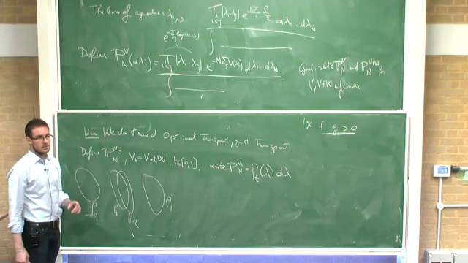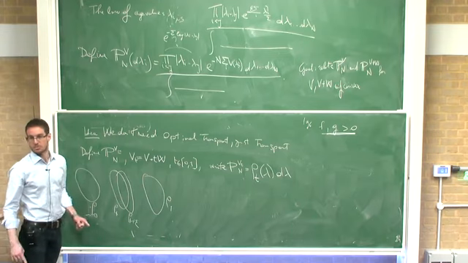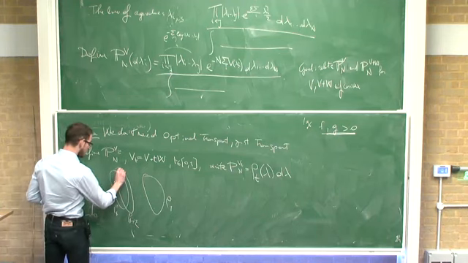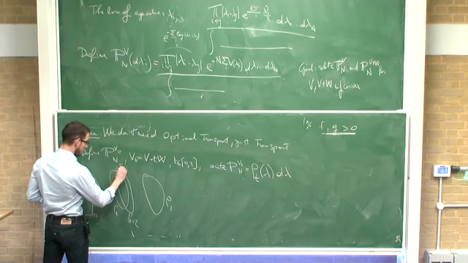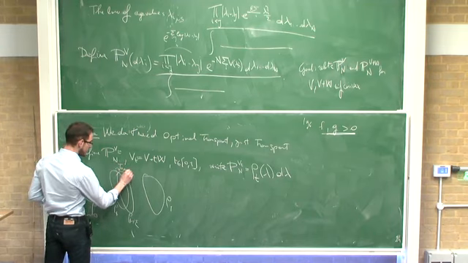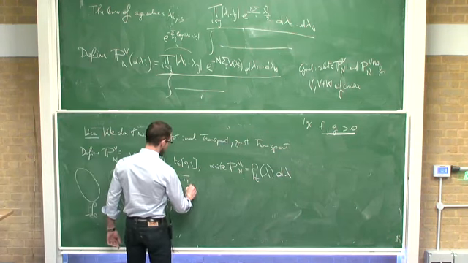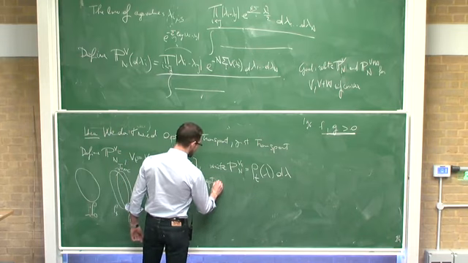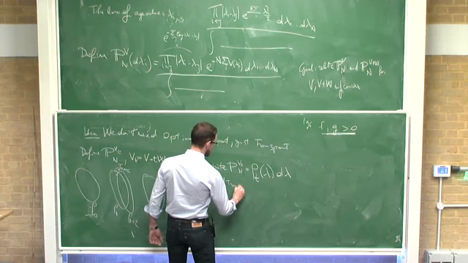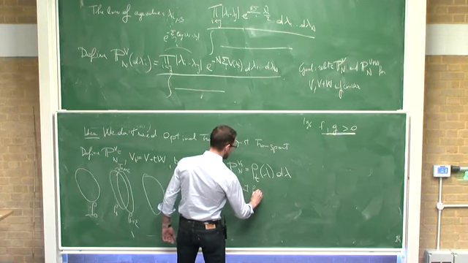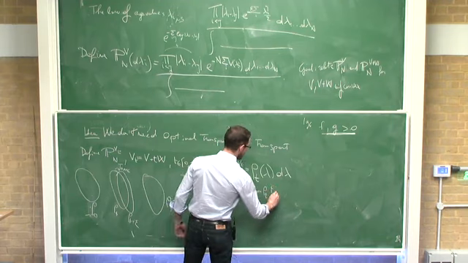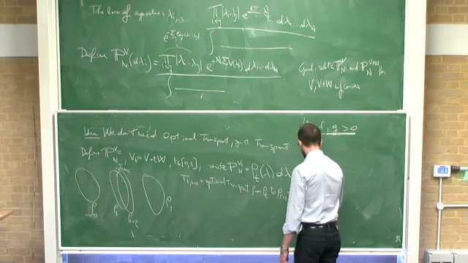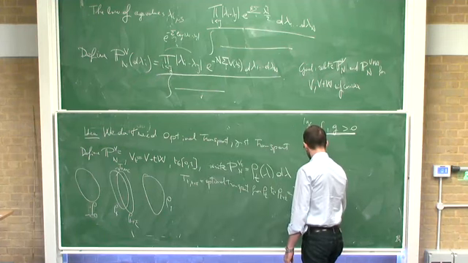From here to here, I have a way to go, which is optimal transport. I could do that just for a very short time. So here I compose optimal transport. I apply T_{t+epsilon}, which is the optimal transport from rho_t to rho_{t+epsilon}. And this is, by Brenier's theorem, the gradient of a function phi_{t+epsilon}.